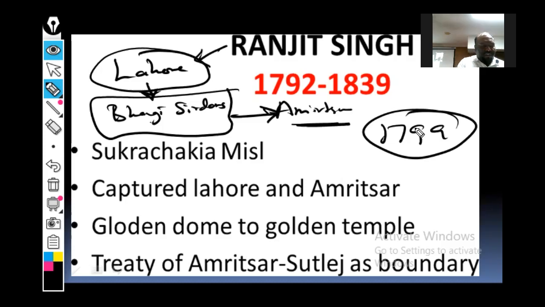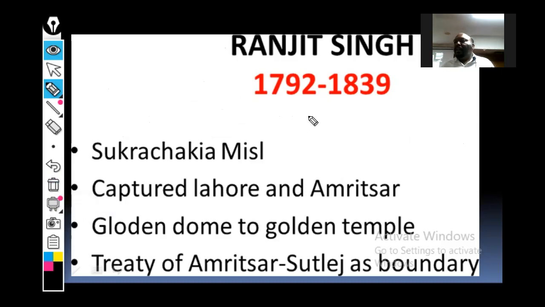Now Ranjit Singh slowly starts to unite all the varying factions of the Sikh kingdom. How many varying factions were there in the Sikh kingdom? There were many. How many missiles are there among the Sikhs? There are 13 missiles.